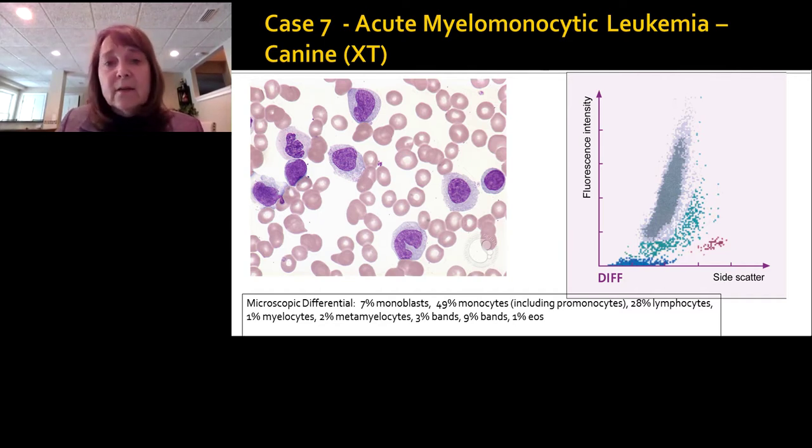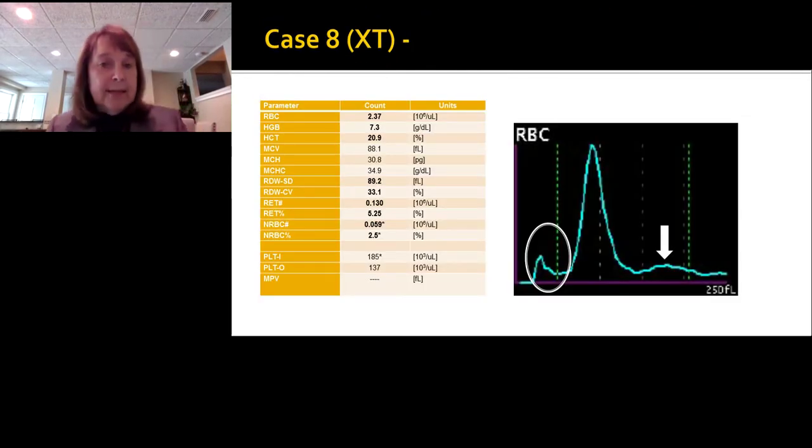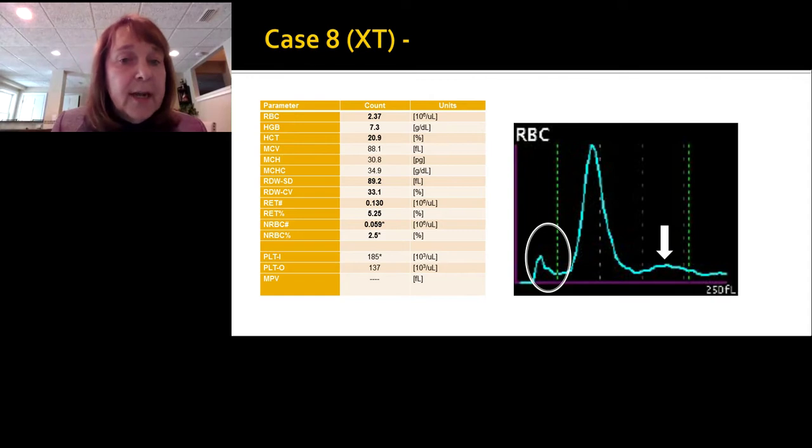All right, so let's look now at some of these RBC and platelet Gaussian curves, because these two can be considered scattergrams, and they also tell us whether we potentially have abnormalities. When we look at this RBC scattergram, we have a pretty good Gaussian peak, but we also have two other things.